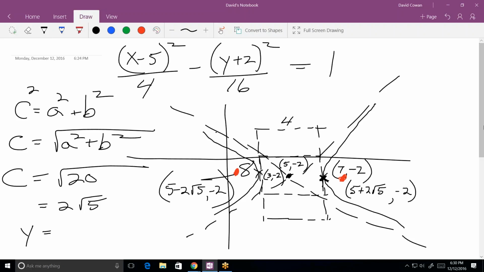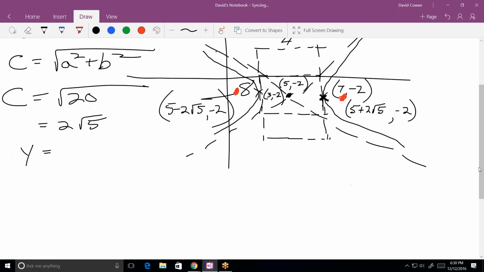Well, this is probably one that they'll give you. It's y equals plus or minus b over a times x minus h, plus k, I believe. Is it not?